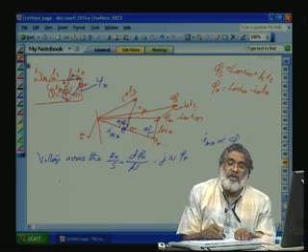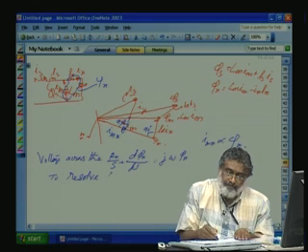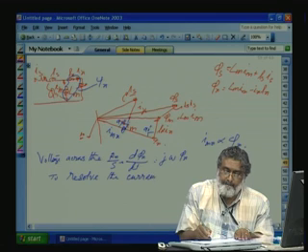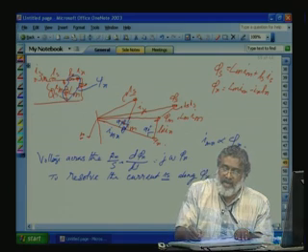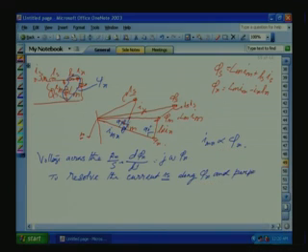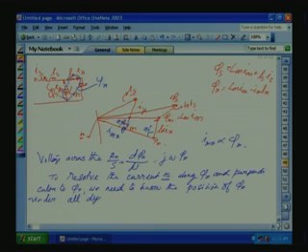So, what we want to find out is, to resolve the current IS along psi r and perpendicular to psi r, we need to know the position of psi r under all dynamic conditions. So, this is the problem here.